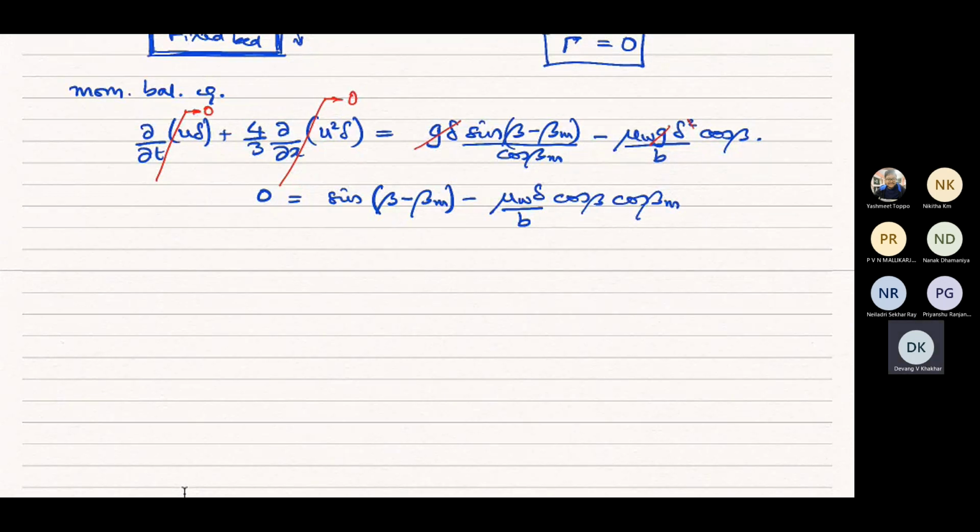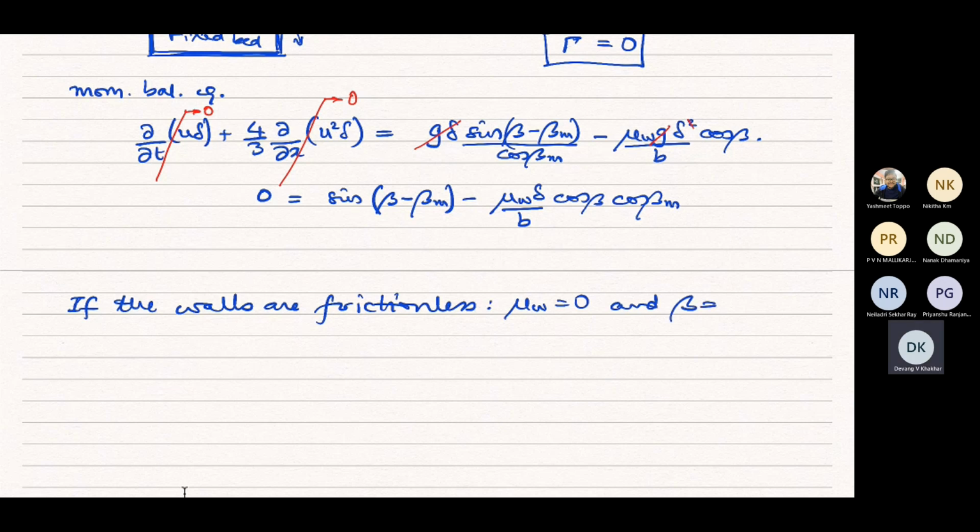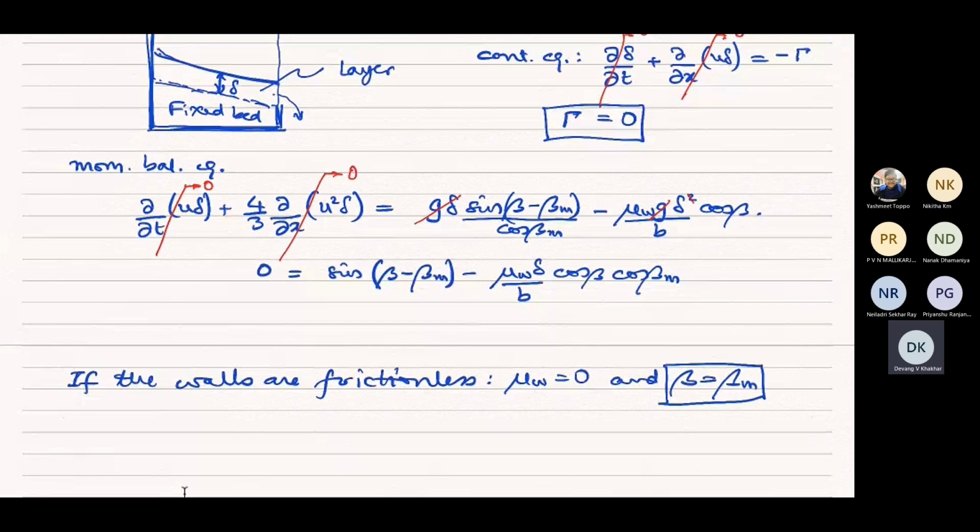So first of all, I'd like to say this, that if the walls are frictionless, then mu_w is equal to 0 and beta is equal to beta_m. So essentially in this steady state, the surface angle that you get is just equal to the neutral angle, beta_m. So this is if there was no wall friction.